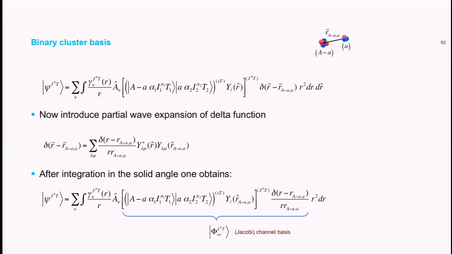In the end of the day, I have this delta for the spherical part, and here I have the gamma, which depends only on the absolute value of this dummy coordinate r. I hope that this is no magic. It's obvious, but it's useful because that allows us to have this part of the wave function outside of the antisymmetrizer. And this is the thing that we want to find by solving these equations.